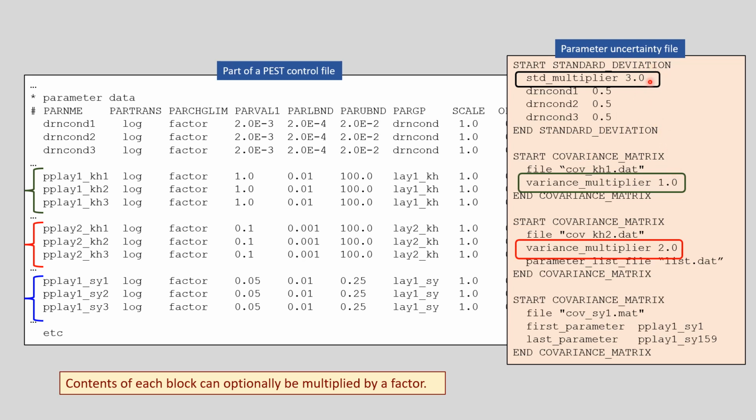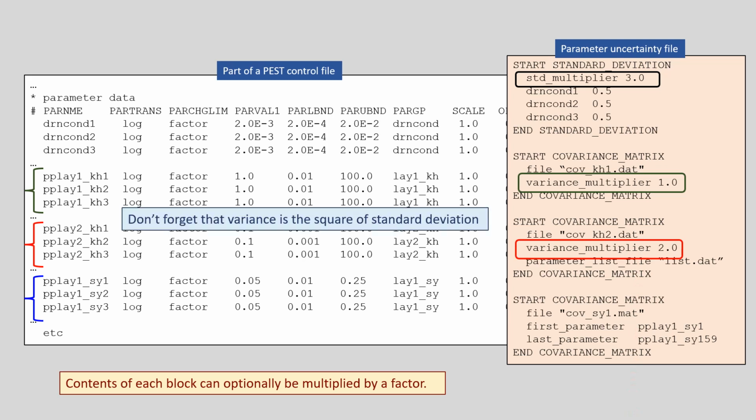Any program which reads this parameter uncertainty file will multiply all these standard deviations by 3 in providing prior uncertainties to the program which reads it. In this case, all elements of this covariance matrix are multiplied by 2 when supplying variances and covariances to the program which reads this file.